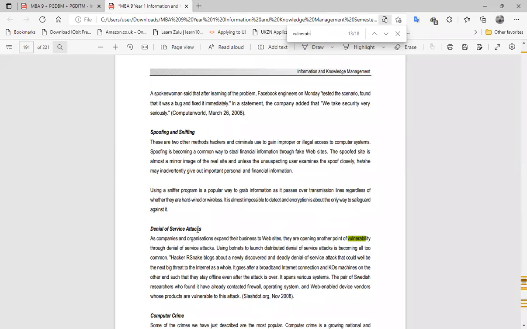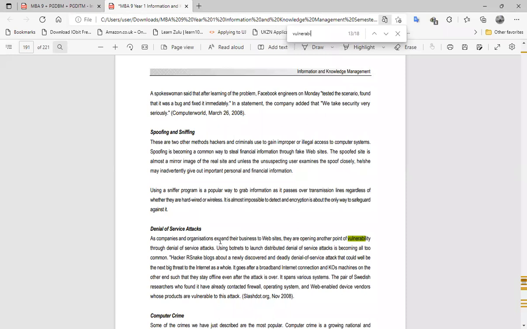Then there's what we call a denial of service attack. They are usually called DOS attacks. What they do is, a hacker gets access to a certain server or a certain website of a company.